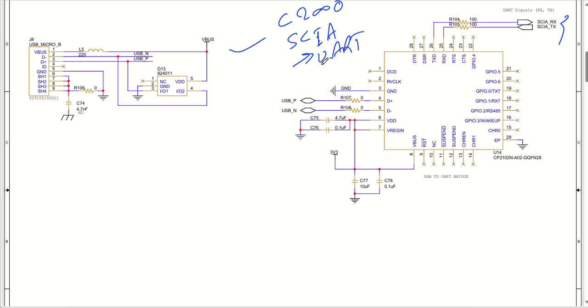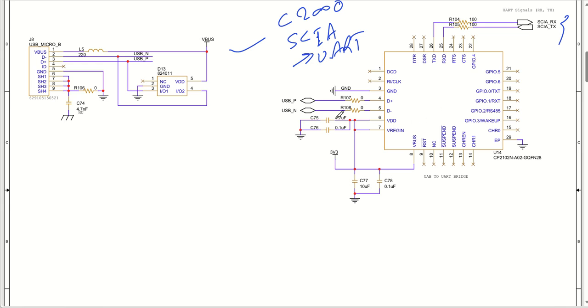You might not see exclusively UART RX and UART TX, but SCIA RX and SCIA TX are actually supporting UART RX and UART TX. Those signals have been used here as TXD and RXD signals, and then they are connected to my USB to UART converter IC.